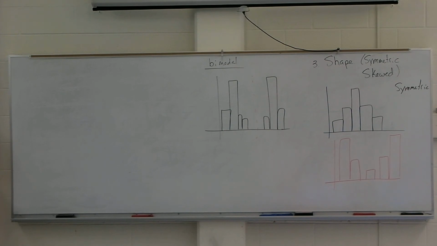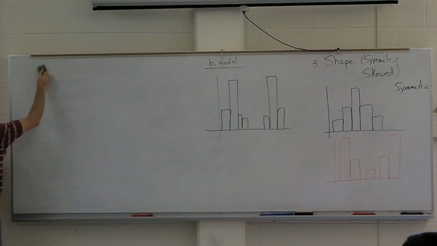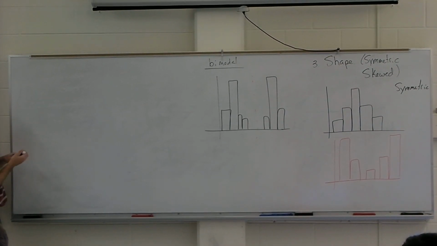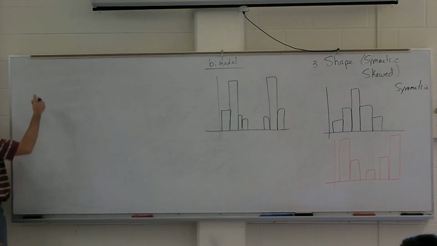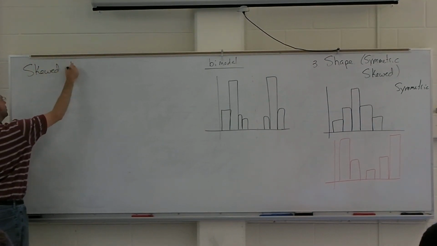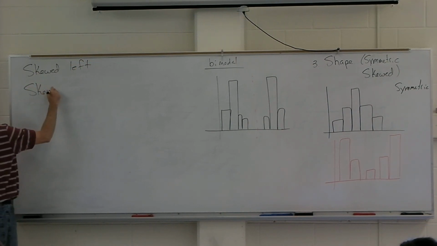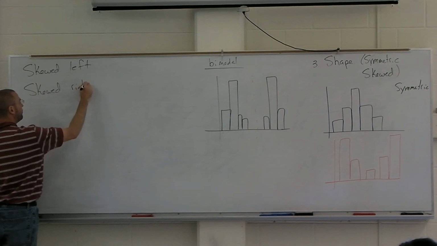What about skewed data? Well, there are two types of skew that we can talk about. When we talk about skew, we're talking about being pulled. We can talk about skewed left data and what's called skewed right data.